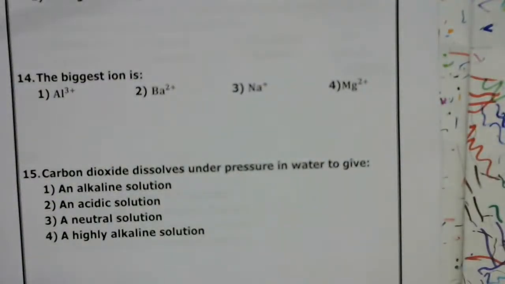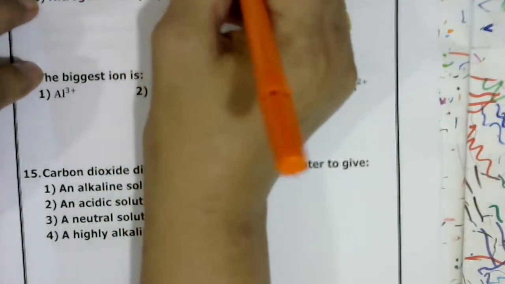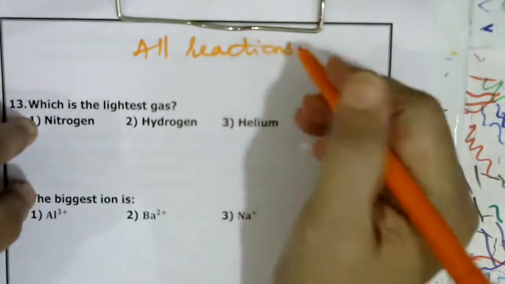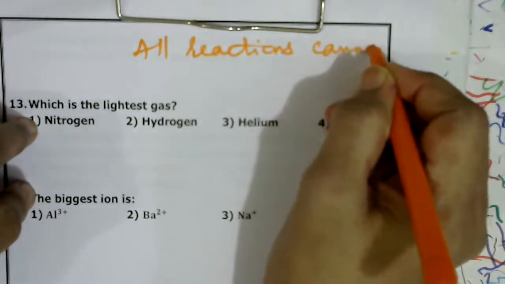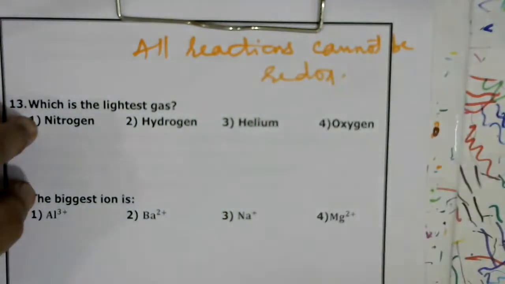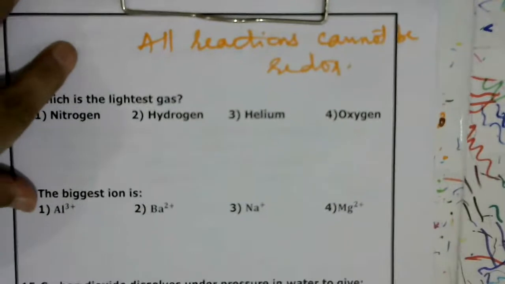So we can conclude that all reactions cannot be redox. They are called simple, general chemical reactions.